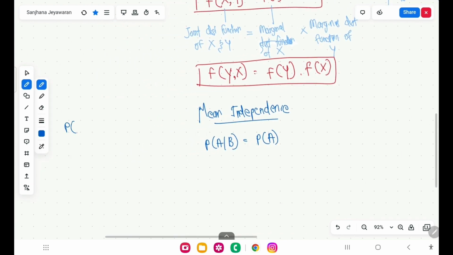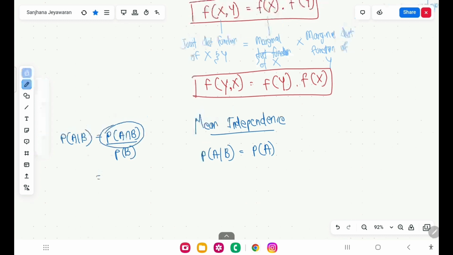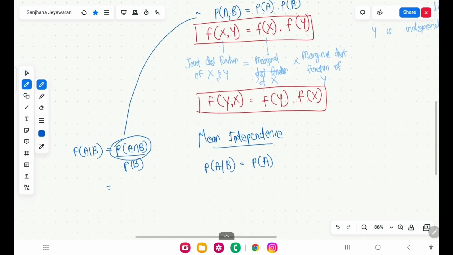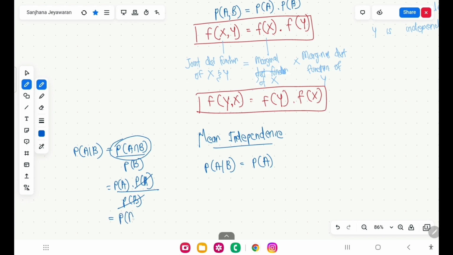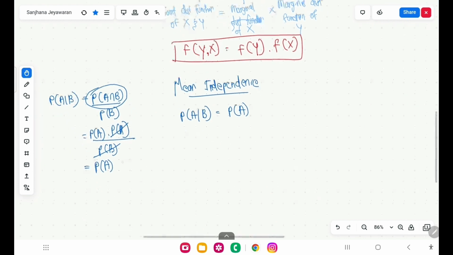Because the probability of A given B, we can write as the probability of A intersection B divided by the probability of B. We know that when they are independent, the probability of A intersection B can be written like this. So here I can write the probability of A times the probability of B divided by the probability of B. Now we can cancel these two and this will come as the probability of A. So that is how I got this.